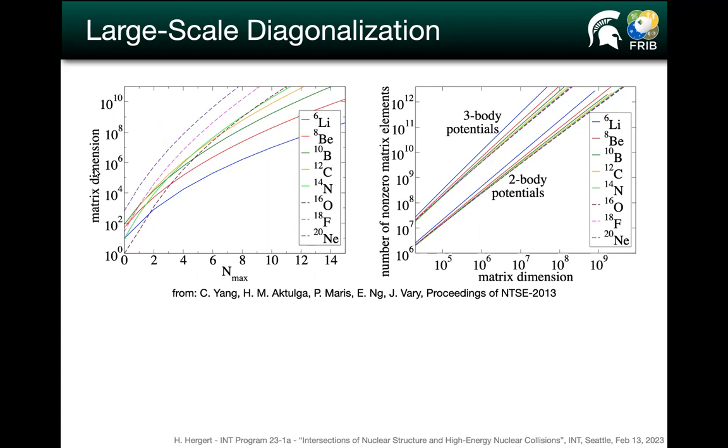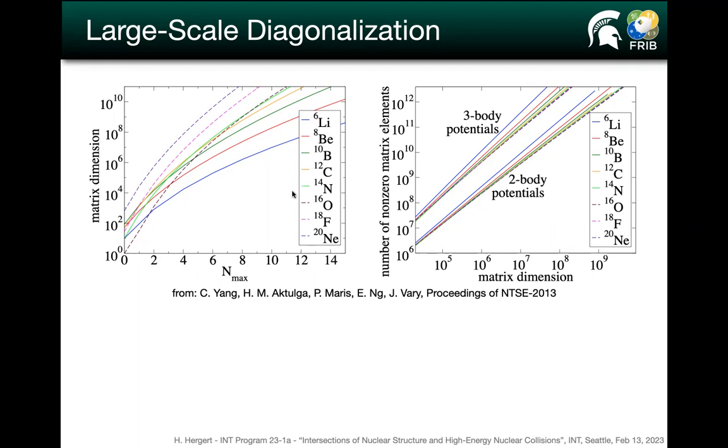So what's shown here is a graph of the matrix dimension as a function of a basis parameter in the no-core shell model. This characterizes the excitation levels of the basis states that you're including. To the right, it shows the number of non-zero matrix elements as a function of the matrix dimension, if you include two-body and three-body interactions in your many-body Hamiltonian matrix, and the nuclei you're looking at are still very light, just p shell and then the lower sd shell.